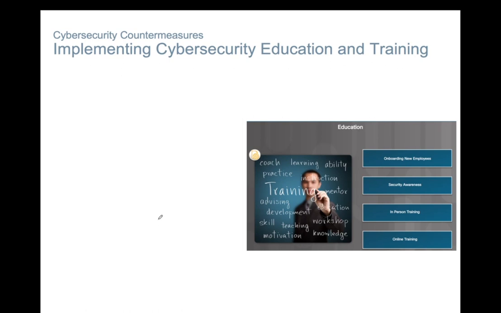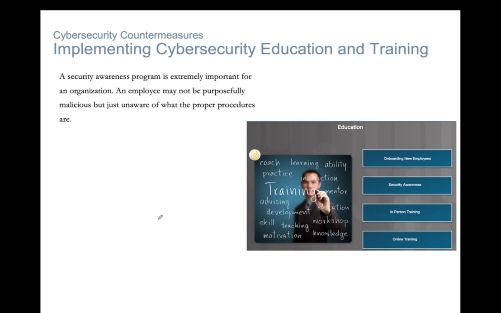Investing a lot of money in technology does not make a difference if the people within the organization are the weakest link in cybersecurity. So a security awareness program is extremely important for an organization.